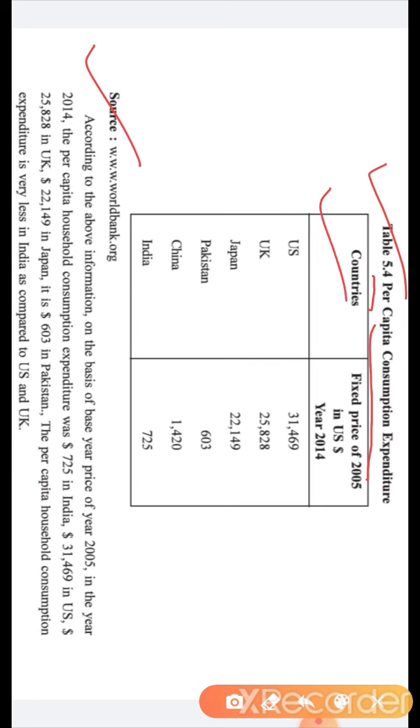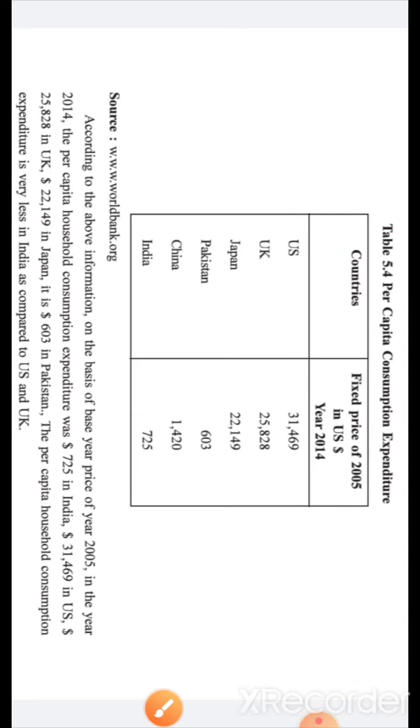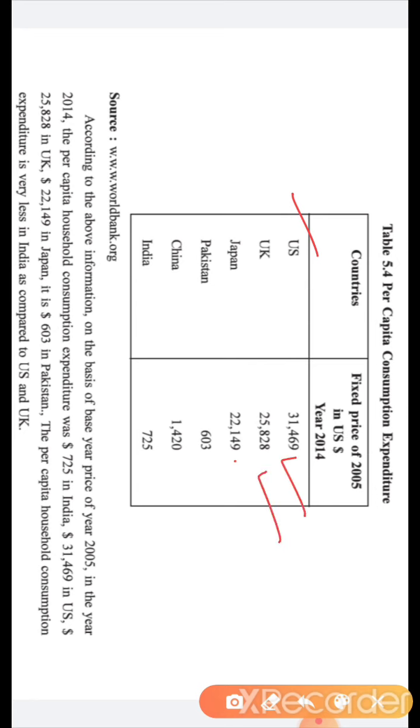In the first column it is about countries, and in the second column, fixed price of 2005 in US dollars, year 2014 data. Here the names of the countries are there: US, UK, Japan, Pakistan, China, India, and in this column you can see the per capita consumption expenditure of different countries.